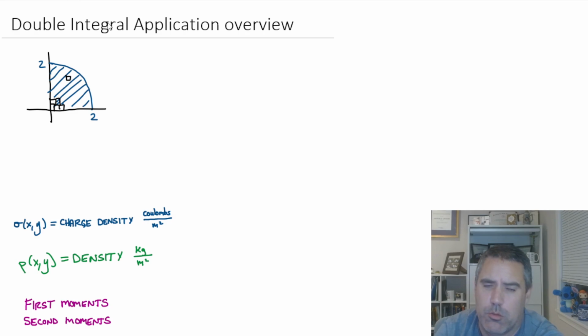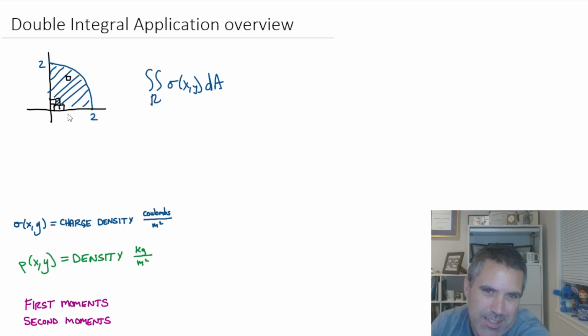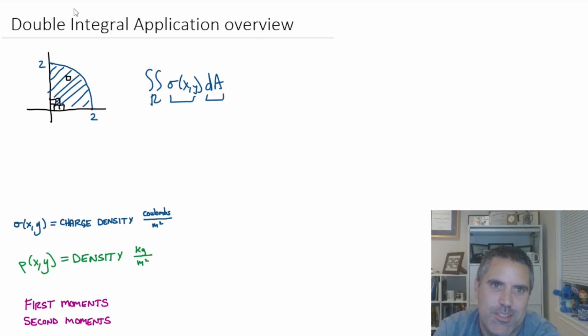If you take a physics course, they might say, we know the charge per unit area. We want to know the total charge on the entire object. You just integrate, and that's what that does. So if you have some sort of density, it's basically doing density times square meters.